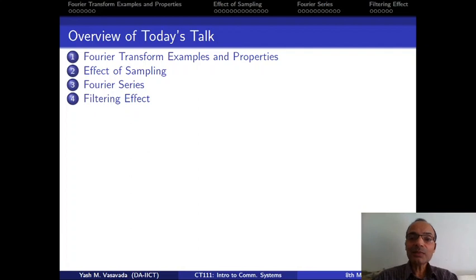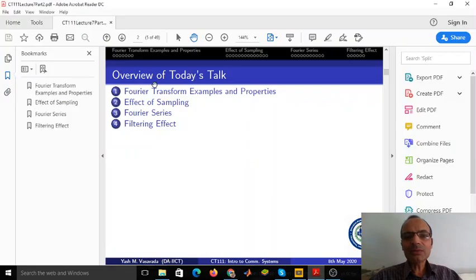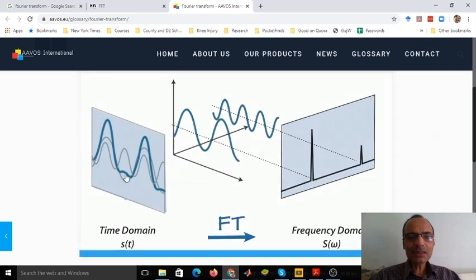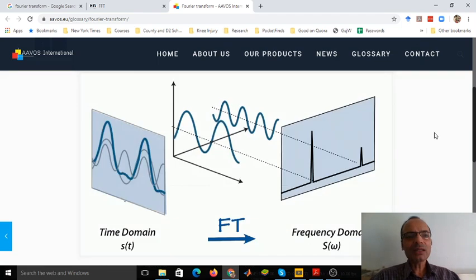That aspect of transformation of our viewpoint of looking at the signal is very nicely captured in some diagrams that we'll be looking at. And so for that, let us see this particular diagram which I have taken from this website. You can take a look at this website on your own in further detail.